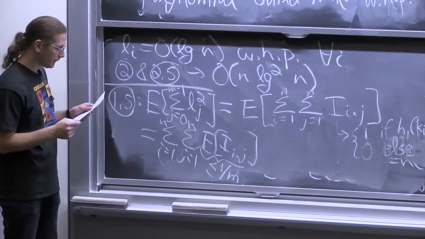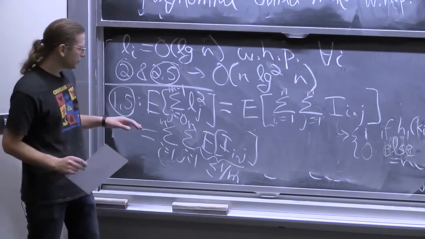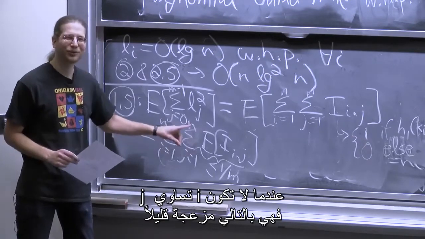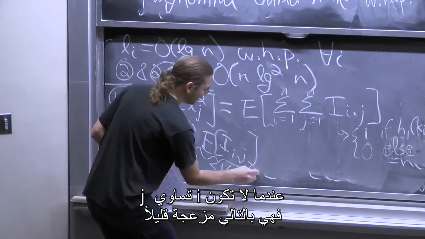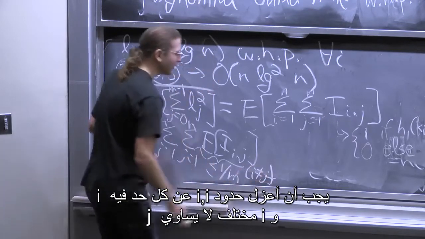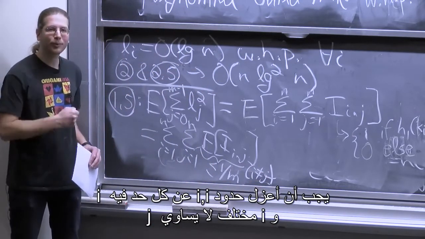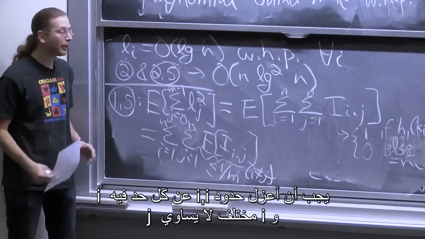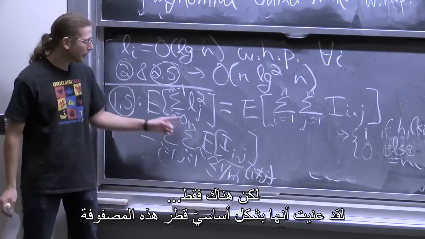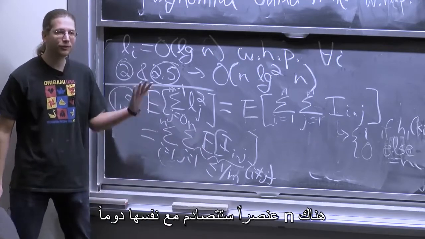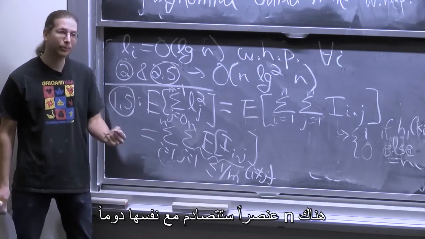When i does not equal j, it's a little bit annoying. I do have to separate out the i equals j terms from the i not equal to j terms. But it's basically the diagonal of this matrix. There's n things that will always collide with themselves.